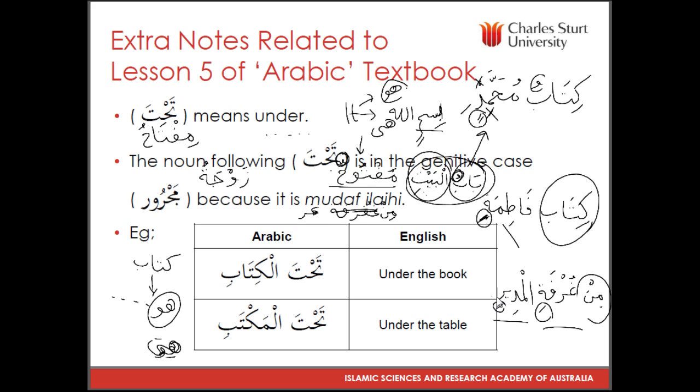Questions. Second one, I'm doing that. It is a pen. قلم من هذا? Okay, قلم من هذا. Third one is a shirt. Shirt is what? Qamis in Arabic.